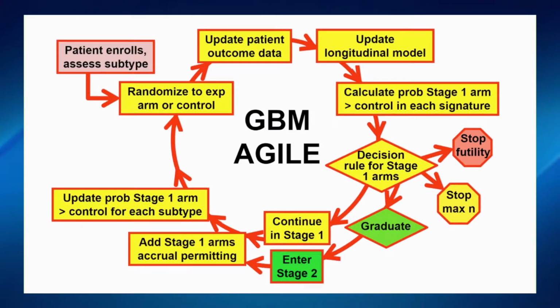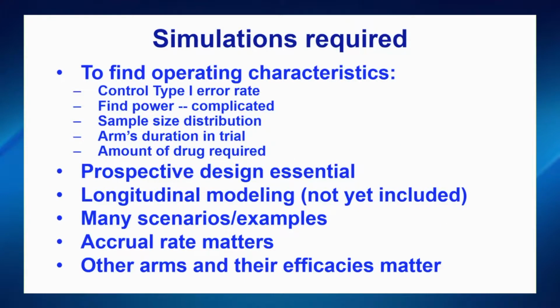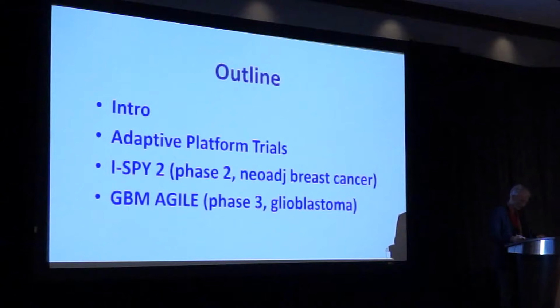We update the stage 1 probability, and determine a randomization probability for the next patient that comes in, depending on his or her subtype, and we keep going. So it's a continuous process. I-SPY 2 is 1,300 patients and continuing. It's a never-ending screening process. So we require simulations for all of these reasons, but I'll stop there. Thank you very much.